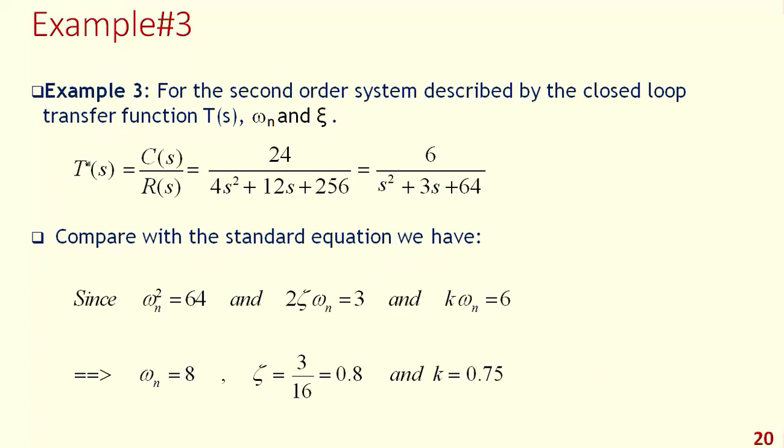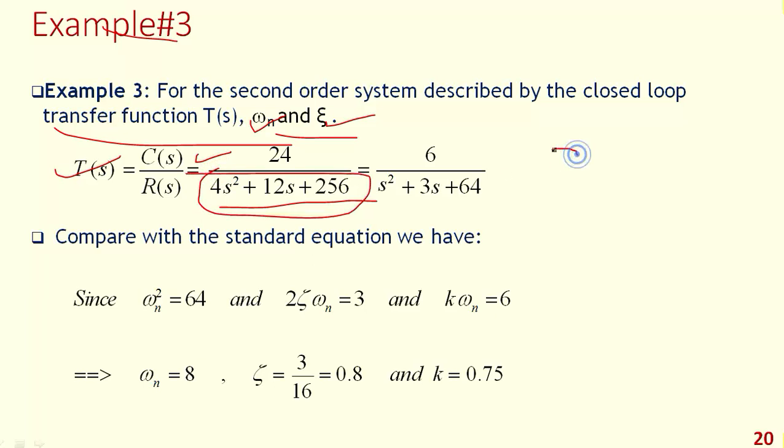Next, a similar type of problem. For the second order system described by the closed loop transfer function T(s), find the value of omega n and zeta. We know that the transfer function is given by C(s)/R(s). Here we have to take a common term. Why?